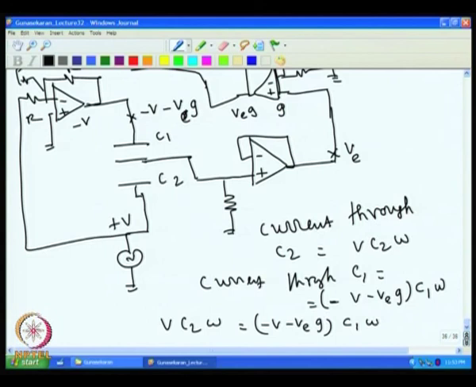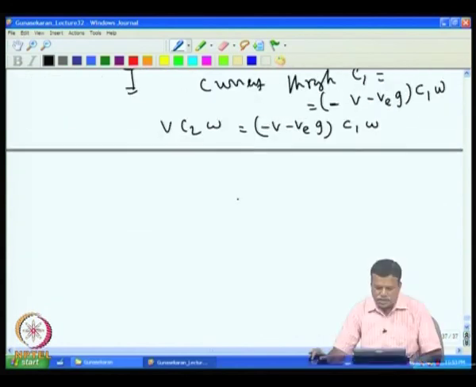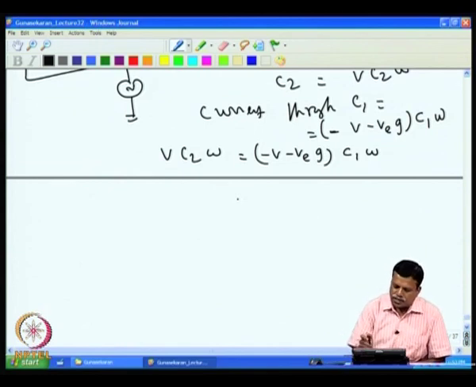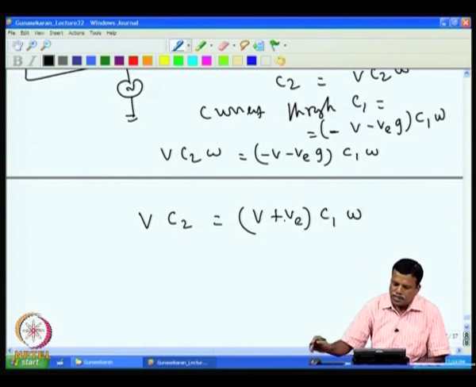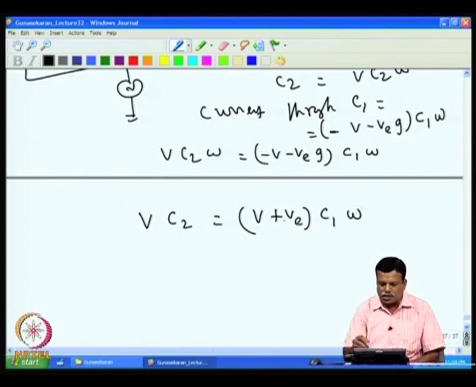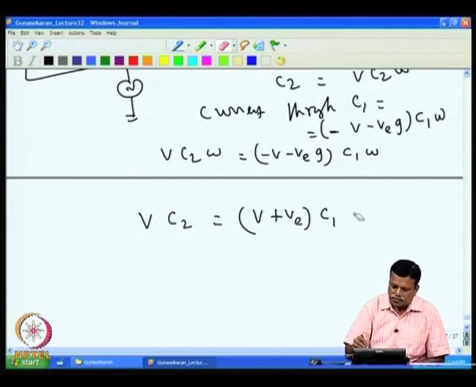All that needs to be done is, since I equated this, we can remove the minus sign. Omega can be removed. So, we have V into C2 actually equal to V plus VE into C1, or it can be even minus that, depending upon the polarity. This omega is gone from both sides.